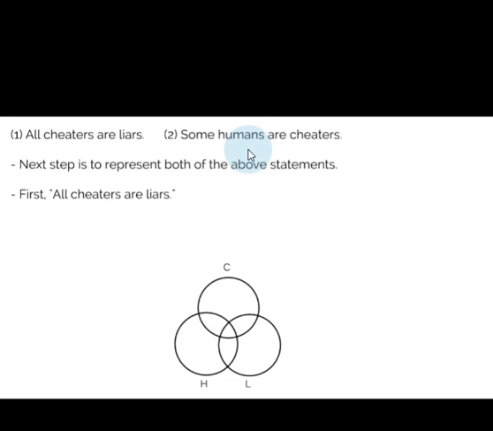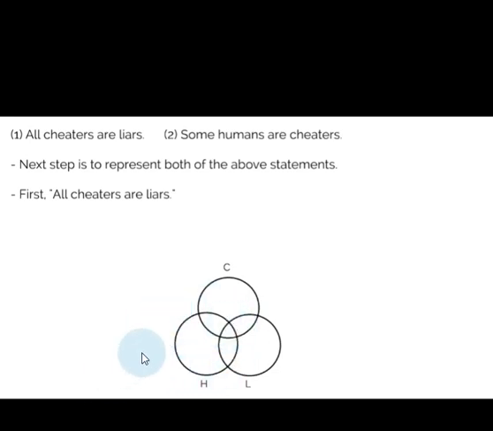So the idea is that you put the middle term right in the middle, and you put the subject term of the conclusion on the left bottom, and the predicate term of the conclusion on the right bottom. So then, all cheaters are liars. We're looking at this circle right here, and this circle right here, and we're going to use the shade technique, the blackout technique, and we can just ignore H altogether.